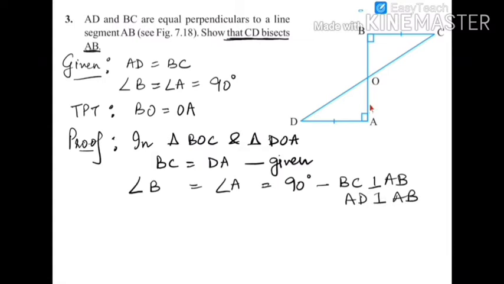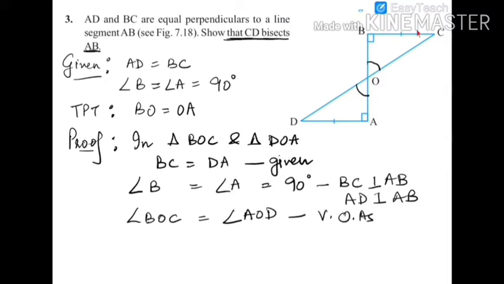Notice from the figure that AB and DC intersect at point O. So we have vertically opposite angles equal. So angle BOC will be equal to angle AOD.